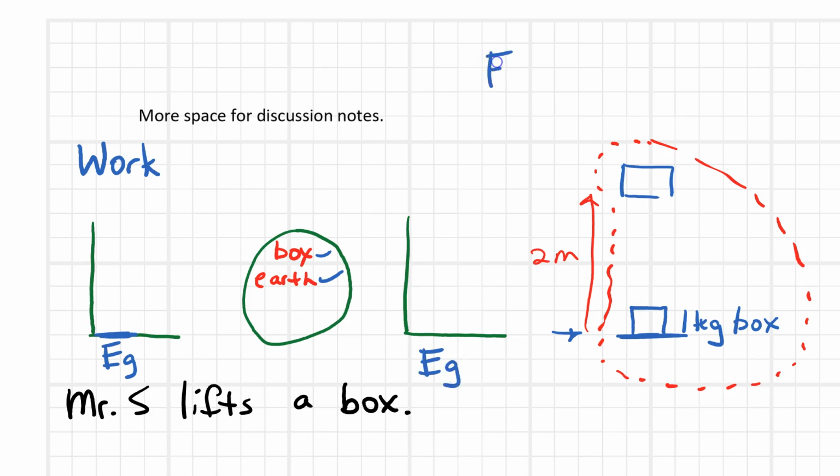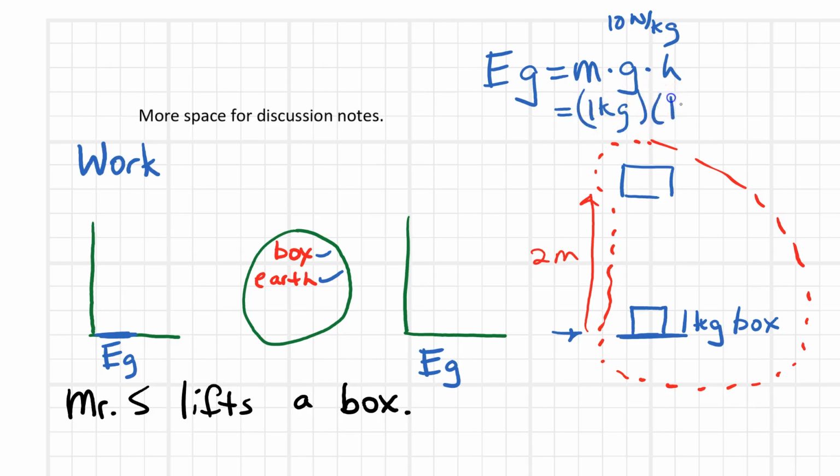Well, Eg is equal to our mass times the gravitational field strength, which let's call it 10 newtons per kilogram, times the height that we have here. So this would be 1 kilogram multiplied by 10 newtons per kilogram, the field strength, multiplied by the height of 2 meters.